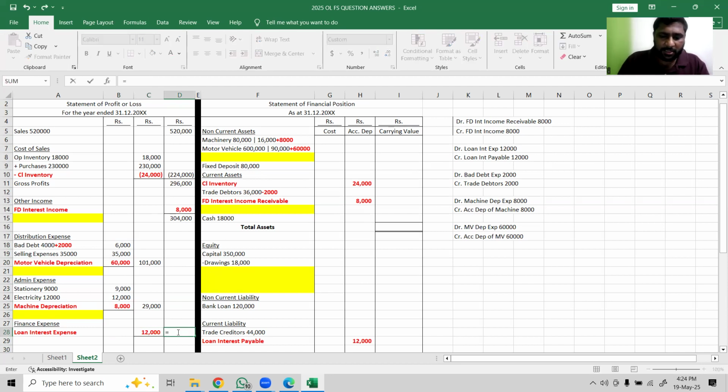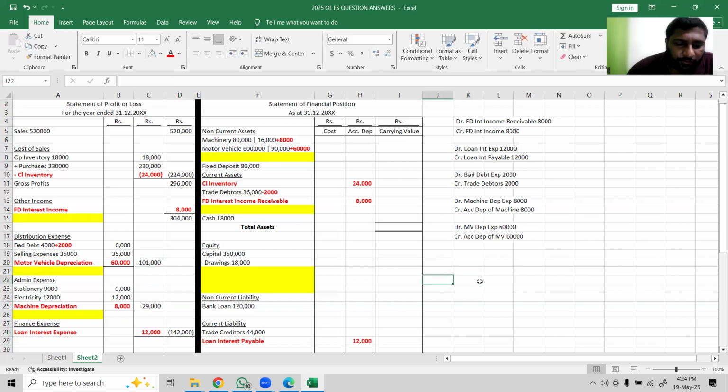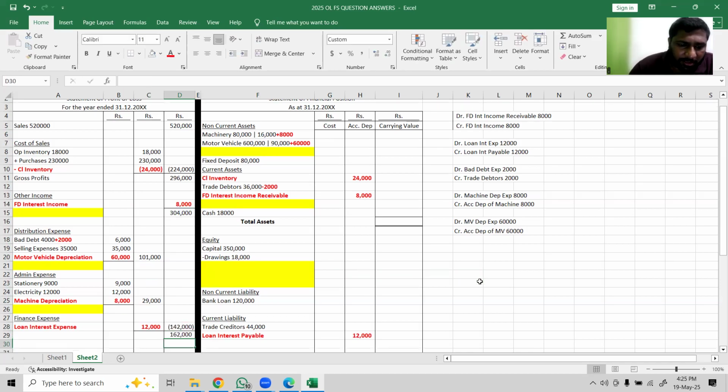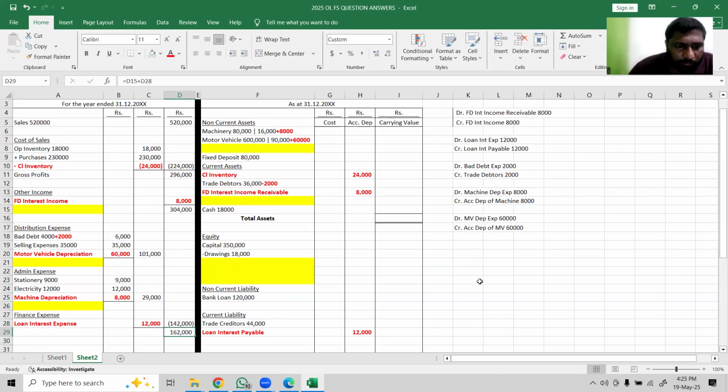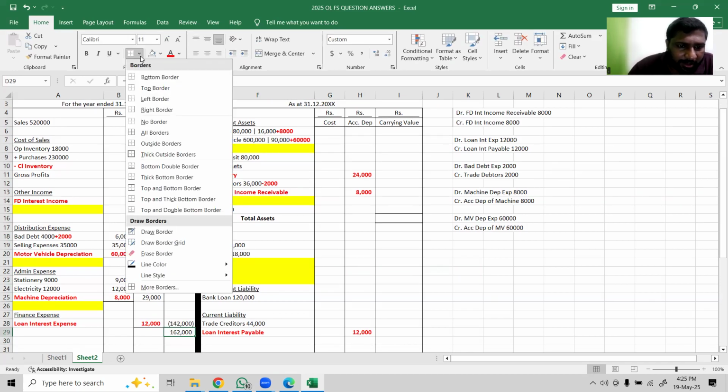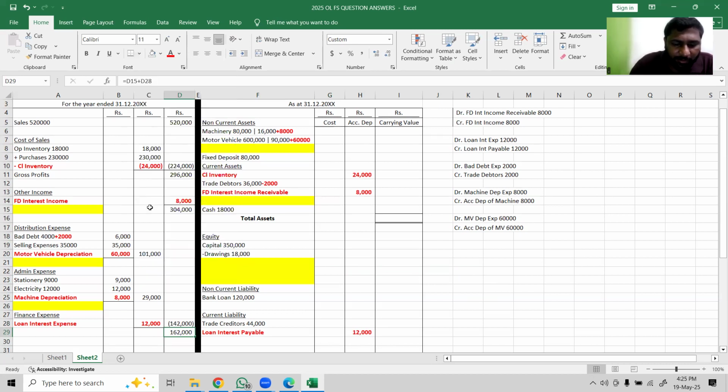Then how much is the total expense? 101,000 plus 29,000 plus 12,000. Total expense 142. We'll get the final profits. 304 minus 142, 162,000 net profits.